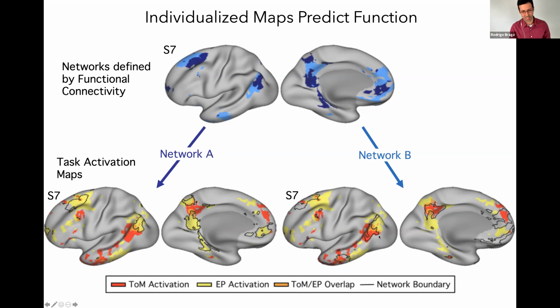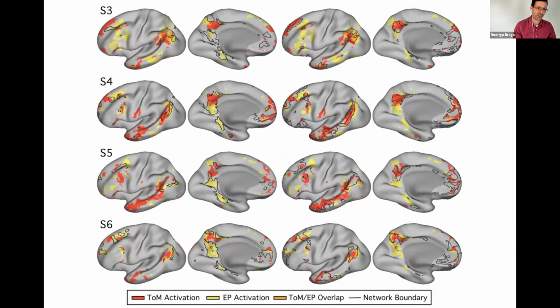One important thing that I wanted to talk about is that this overlap seems to be throughout the entire network. And this is an important point. It's not the case that just one region of network A is showing activation for the episodic projection task. Actually, it seems as if the distributed network as a whole is specialized for episodic projection. And we replicated this within 18 individuals, I think.